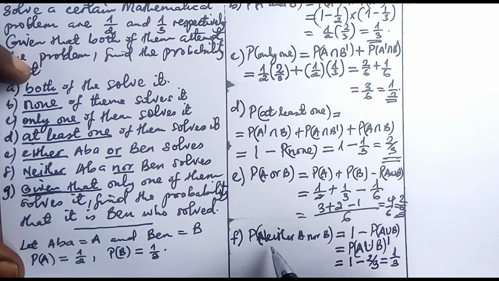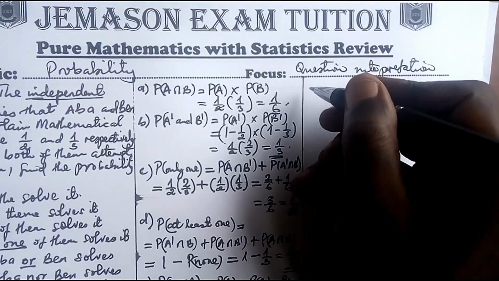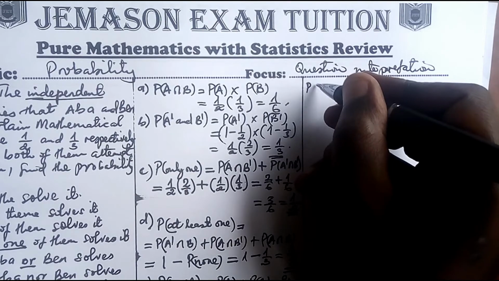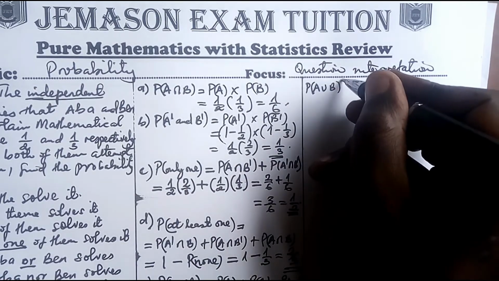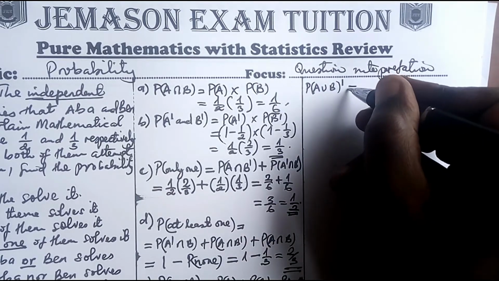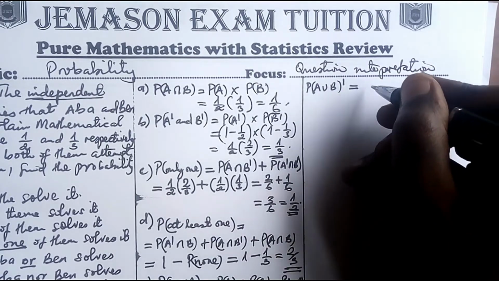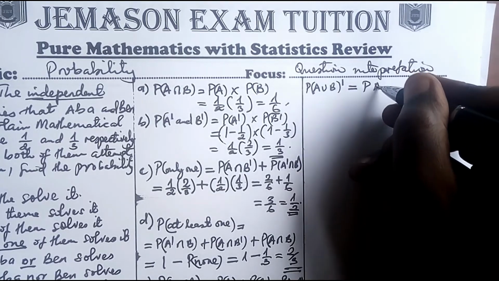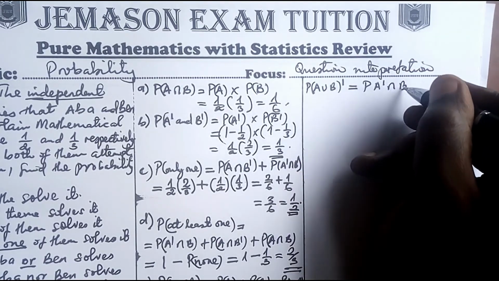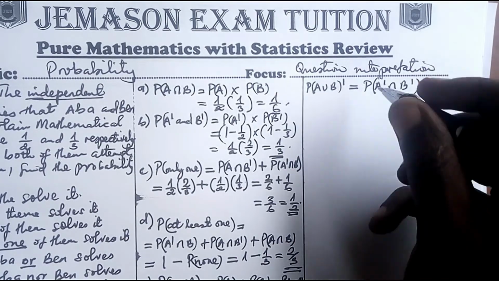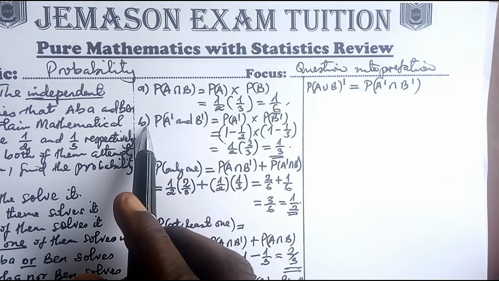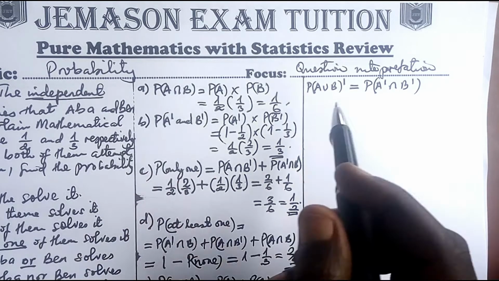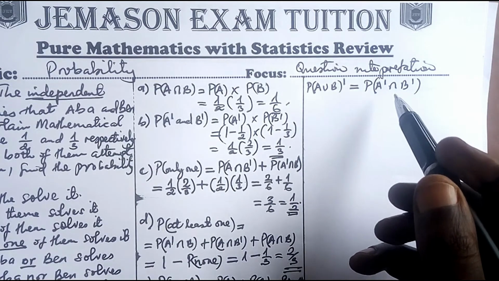This event, you note that the event P of A union B all prime is identical to P of A prime intersection B prime, and so it is like the case of B that we had already, because B was actually P of A prime intersection B prime.